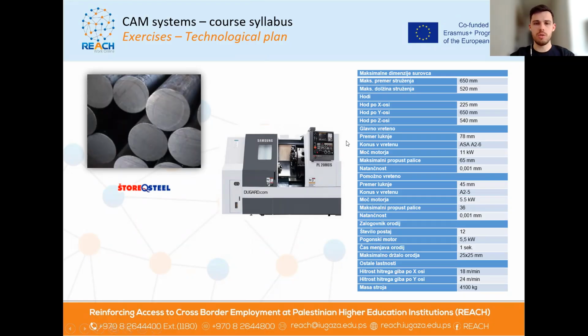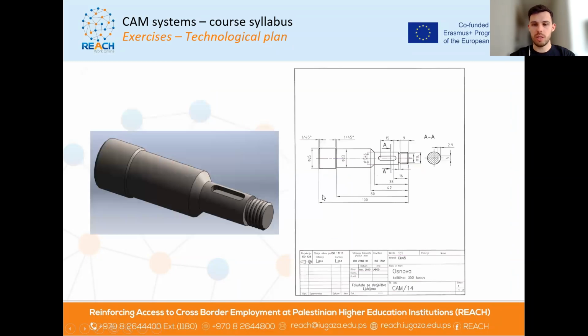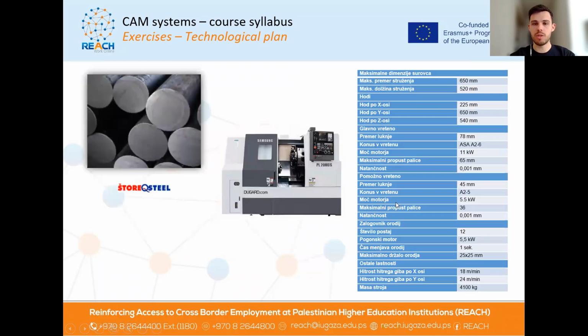And then they need to select the proper CNC machine, and they need to check if this selected CNC machine has all the possibilities, and that the length of the whole requested product fits into the CNC machine, and that this selected machine can produce this part.